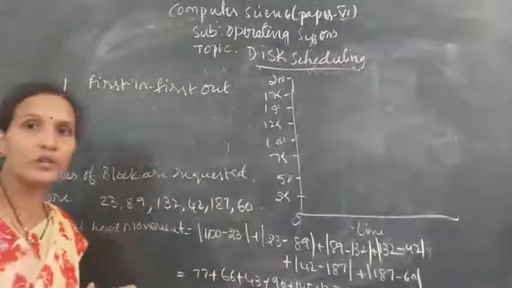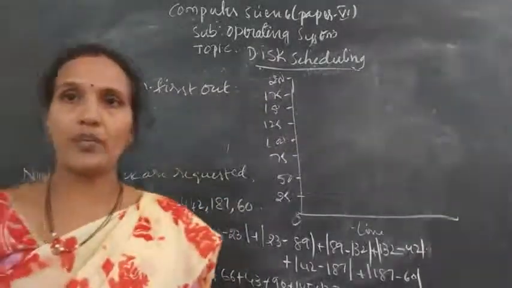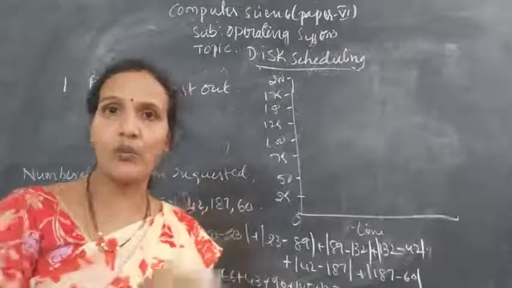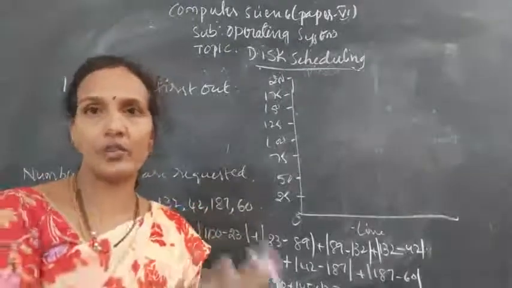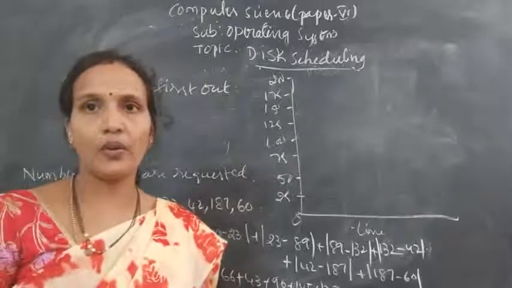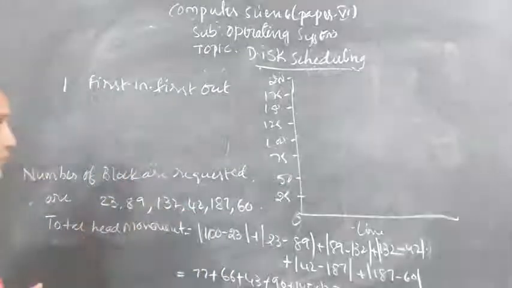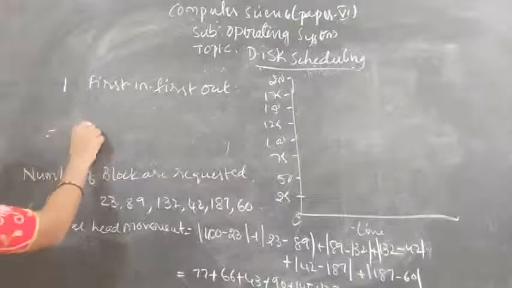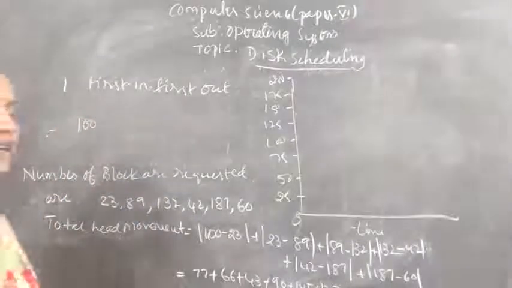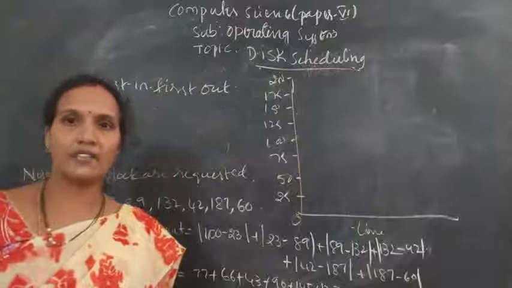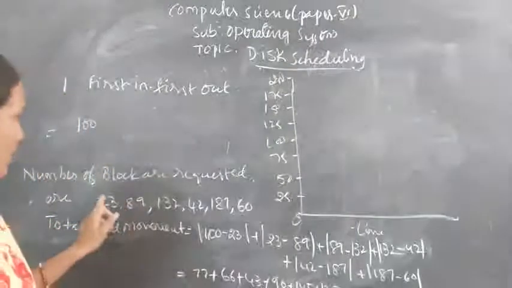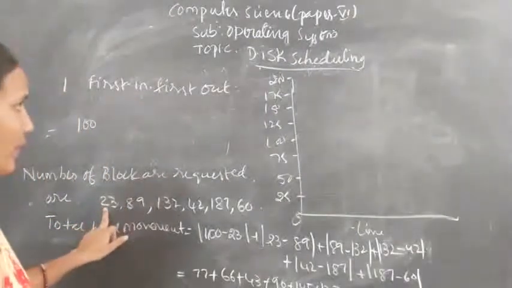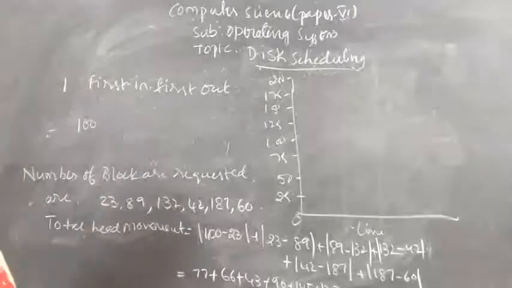Now you need to check how many times the head is moved through the tracks. The read and write head is currently at track 100.